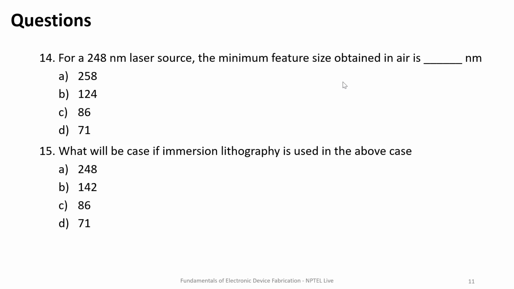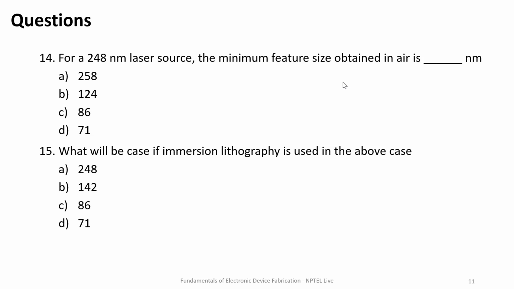The sigma is the minimum feature size. K is a constant that has been given to you already in your notes. Lambda is given to you here as 248 nanometer. And whenever we are doing this calculation in air, the NA value will be equal to 1.